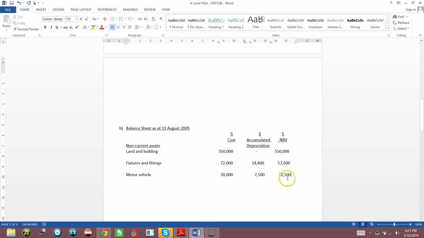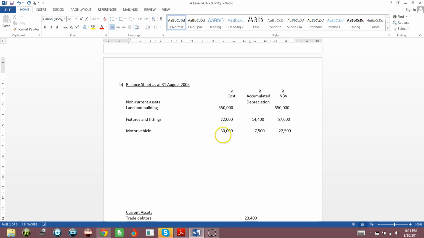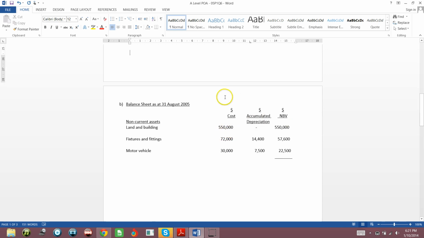Okay, so in this net book value column, I will calculate the total. You see the balance sheet at 31st August 2005. It means what are your assets and liabilities at 31st August 2005. That means what does Raja's business own and owe at that date.